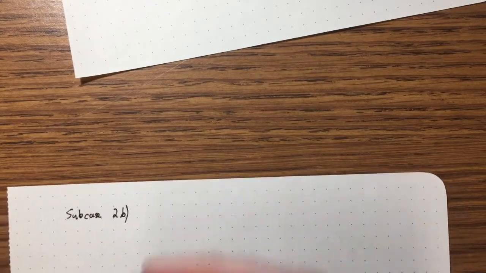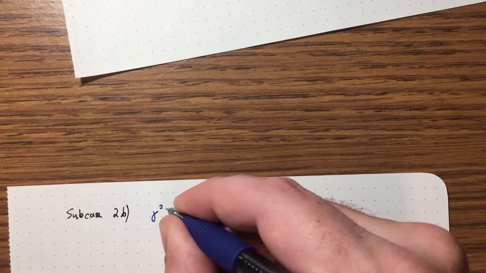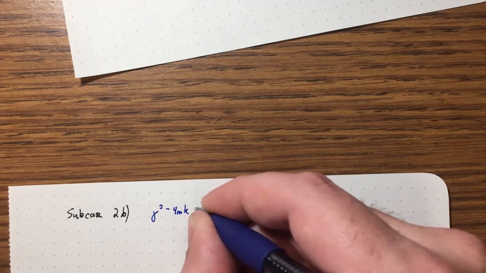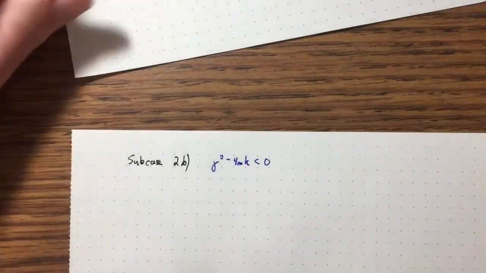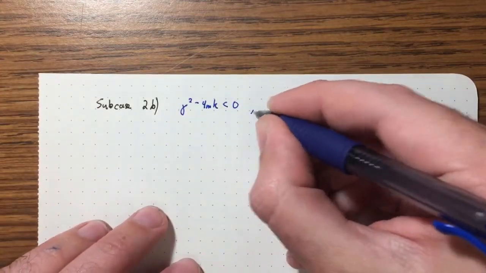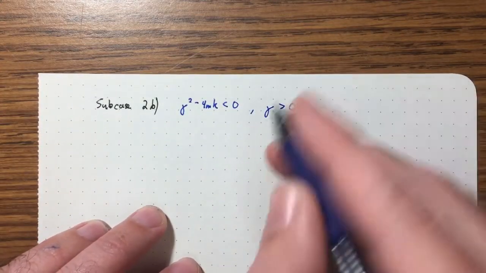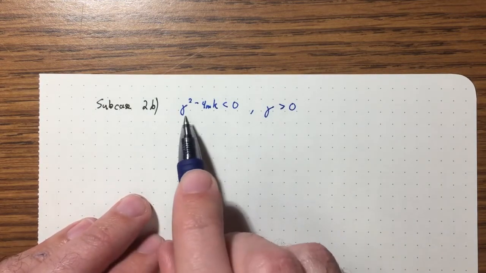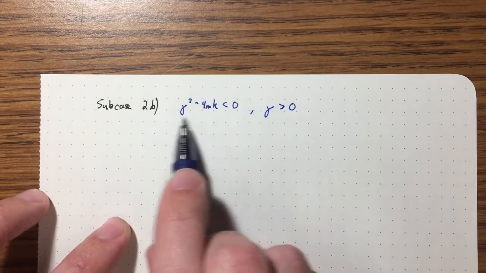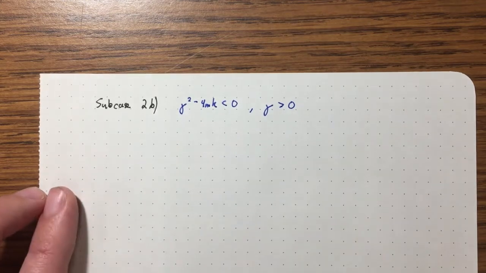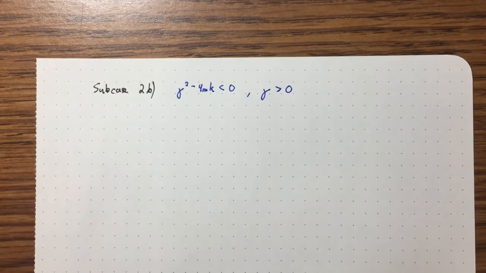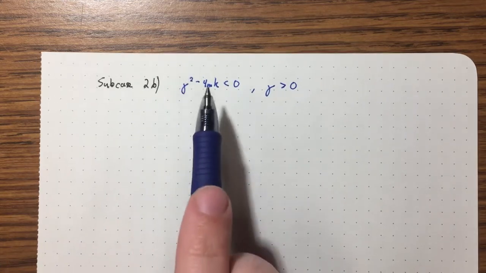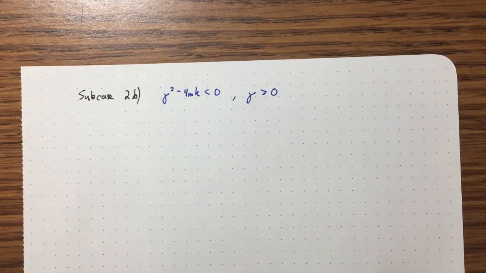But let's recall our discriminant is still negative, but we're going to allow some damping. So this will be positive, but it won't be too positive. If it were too positive, then this whole thing would become greater than 0, right?